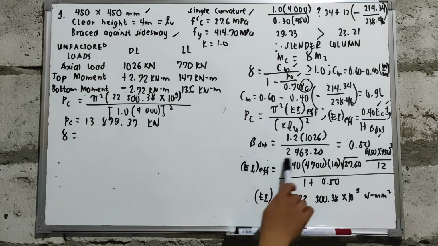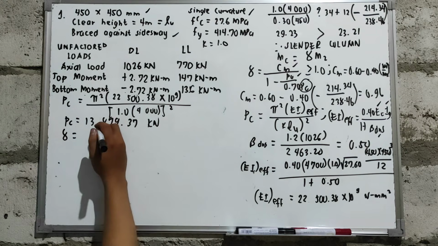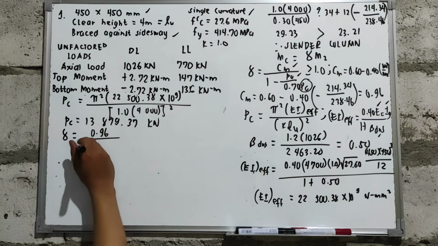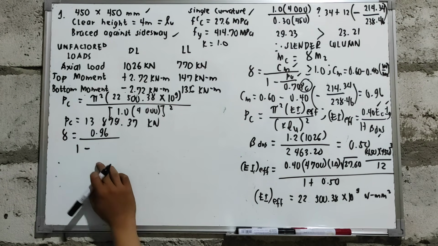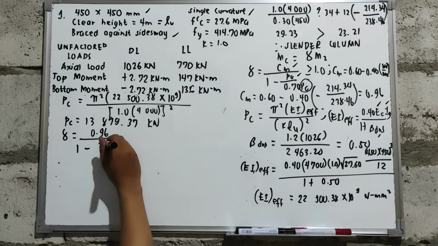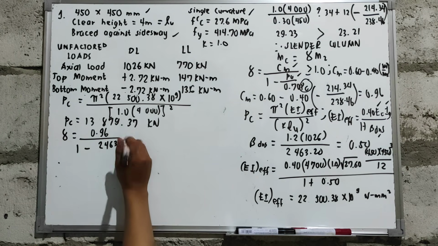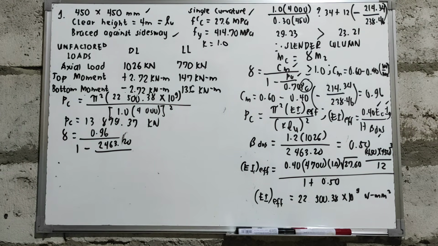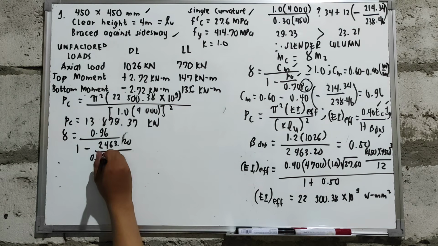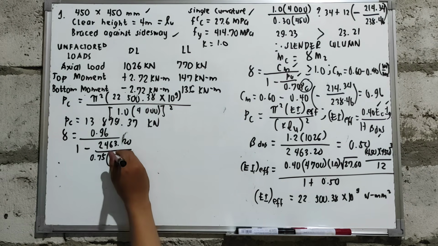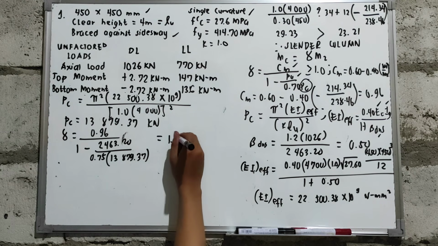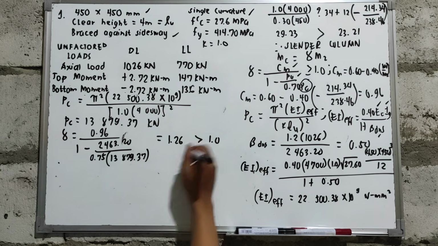So, yung C sub M natin, that is equal to 0.96 over 1 minus yung PU natin, which is equal to 2,463.20 over 0.75 of P sub C natin na 13,879.37. So that is equal to 1.26, which is greater than 1.0.